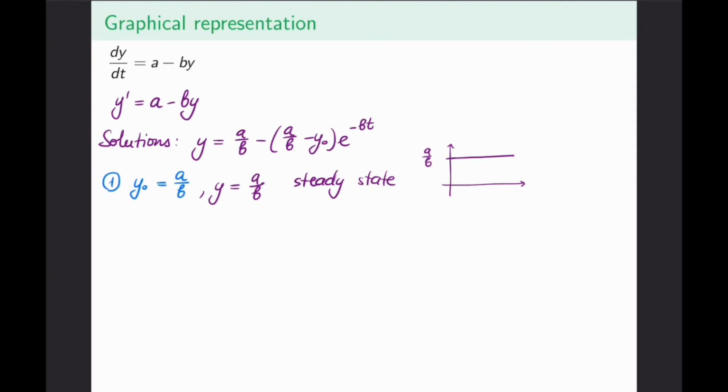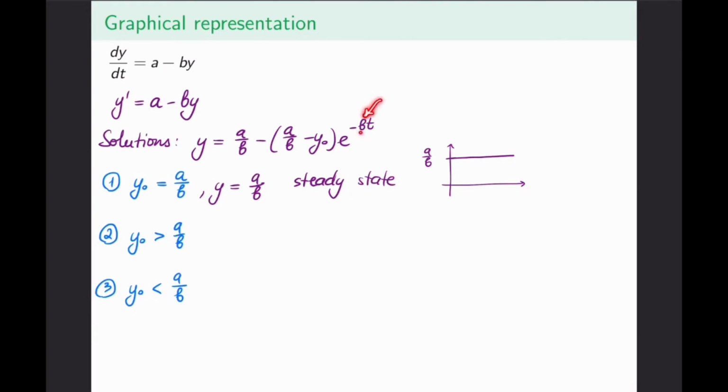Now, what about other cases? If we're interested in the case of equality, then we're probably interested in the cases on either side of equality. So either when y naught is bigger than a over b, or when y naught is smaller than a over b. Will this produce qualitatively different behavior? Let us see. First of all, the other thing that we have to think about is what happens to the exponent here.